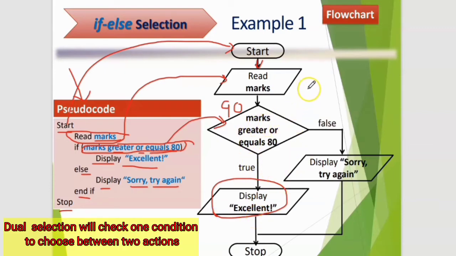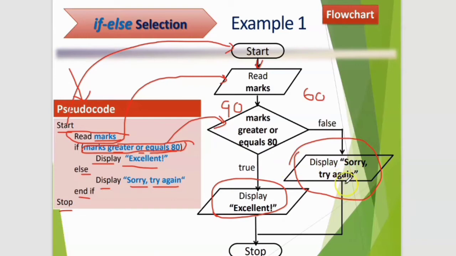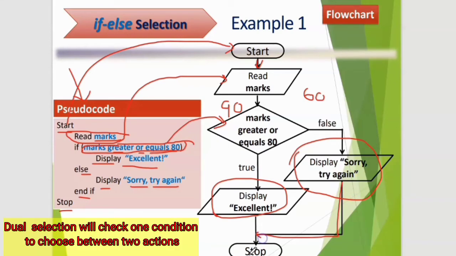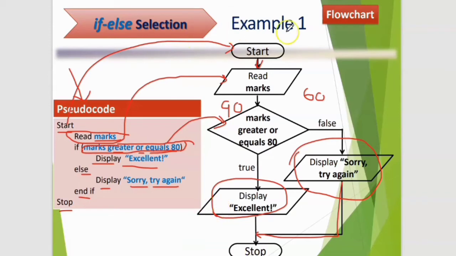Otherwise, for example marks 60, 60 greater or equal to 80 is false, so the computer will execute this statement: display sorry, try again. Then make sure of the arrow, then stop. So this is how to draw the flow chart.